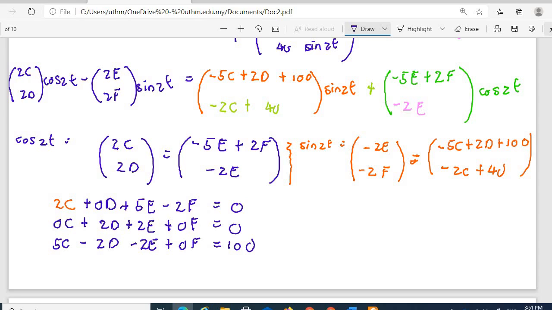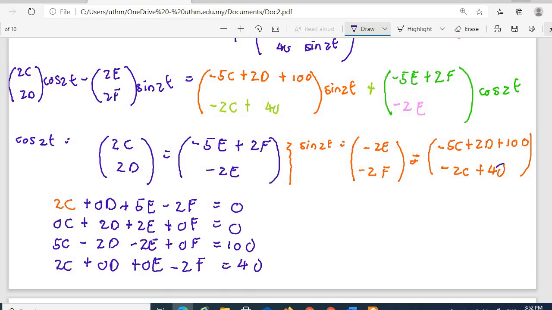The fourth equation from the second row of sin 2t: negative 2c on the right side, you bring to the left side, so you have positive 2c. This is 40, don't have d, so plus 0d, e don't have, plus 0e, minus 2f equals 40.